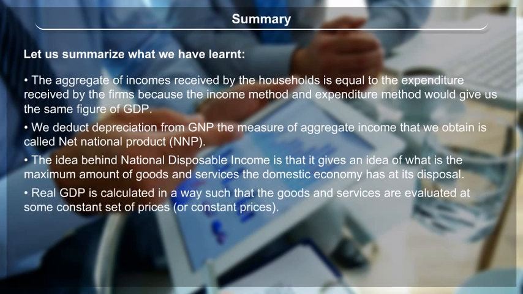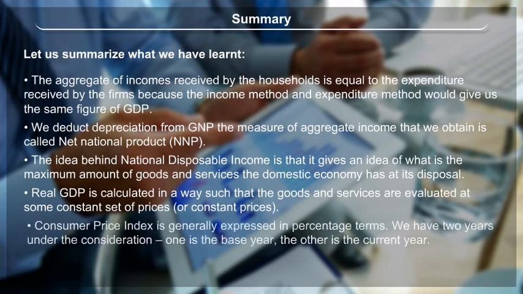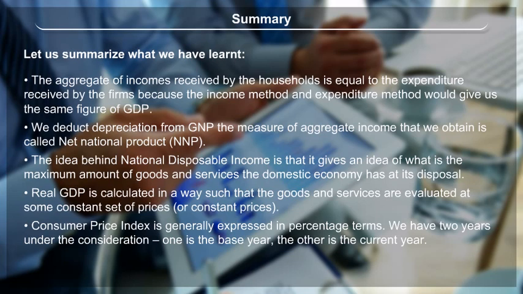Real GDP is calculated in a way such that the goods and services are evaluated at some constant set of prices, or constant prices. Consumer Price Index is generally expressed in percentage terms. We have 2 years under consideration.